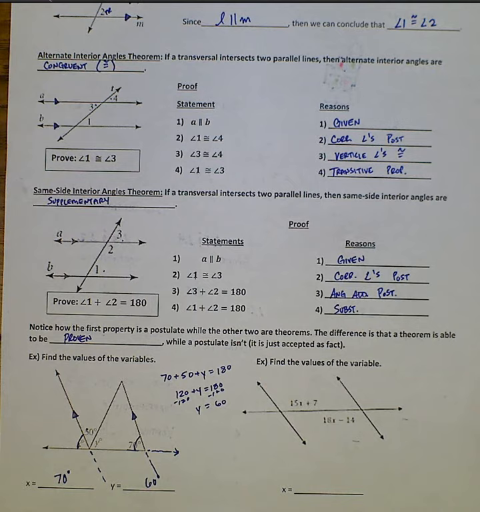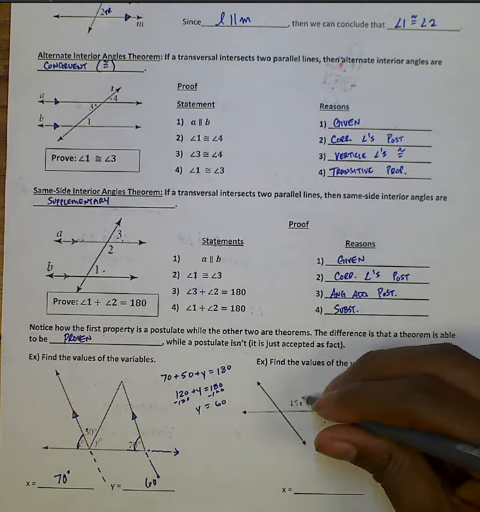In this case, we need to know that the transversal is intersecting parallel lines. For this problem, they did not tell us that these two lines are parallel. Okay, visually we might think that we see two parallel lines, but we have to make sure that we know that they're parallel before we can assume these alternate interior angles will be congruent.